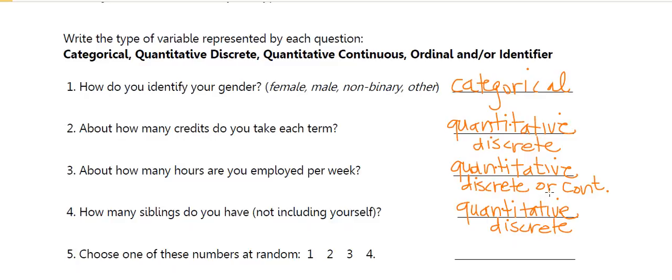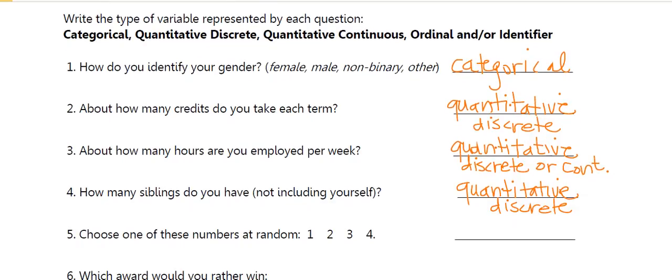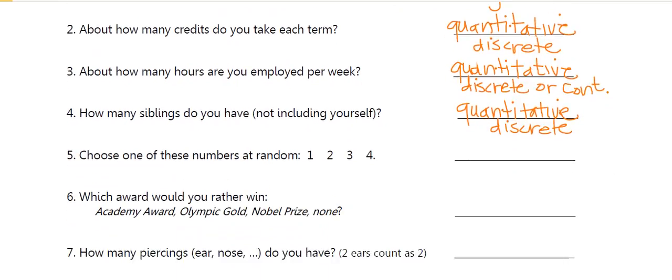Okay, choose one of these numbers at random. This is an interesting one. Some people may have said ordinal. It is quantitative because we have numbers. Well, we could actually say categorical. All right, actually, after thinking about it, it actually is categorical.